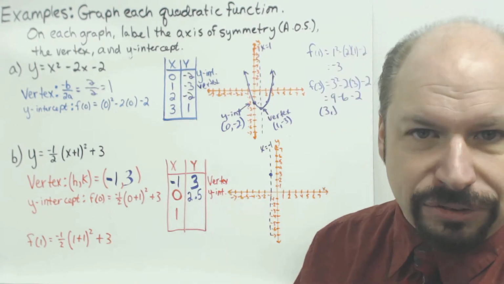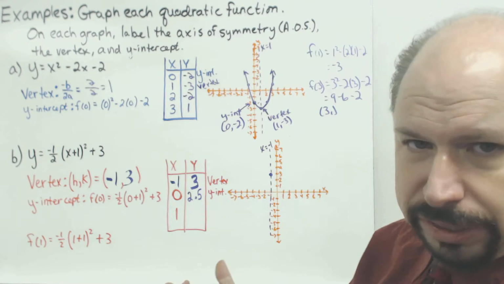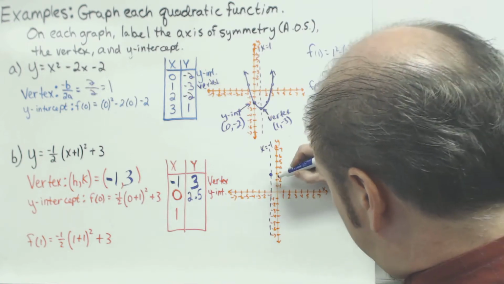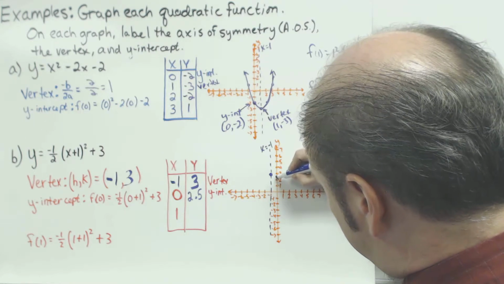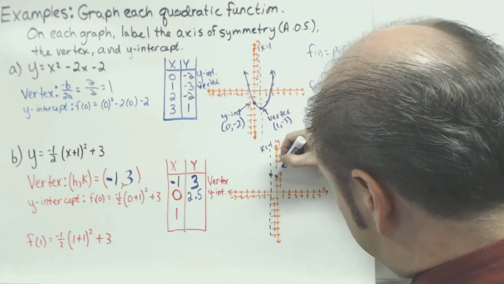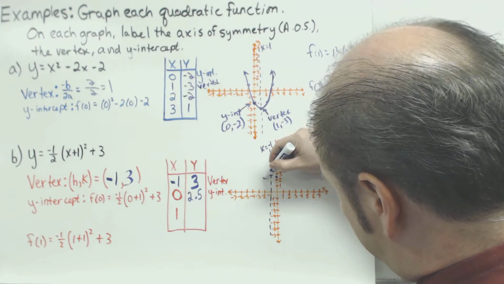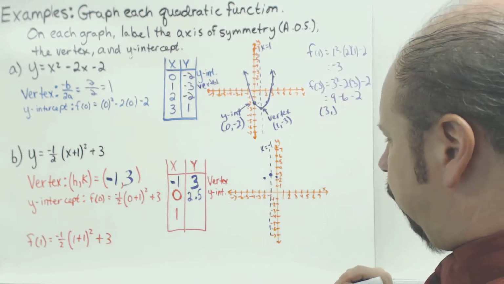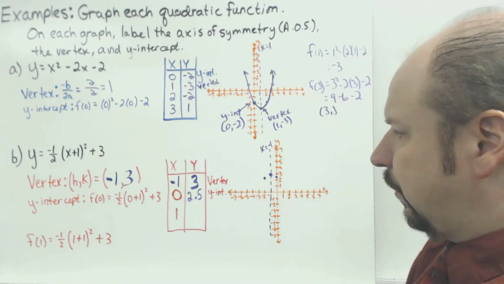We could make it 5/2. Either way is fine. Okay, so we have 2.5 here. So we have that point. Remember, we have another corresponding point that's the same distance away. So we have another point here at -2, 2.5.